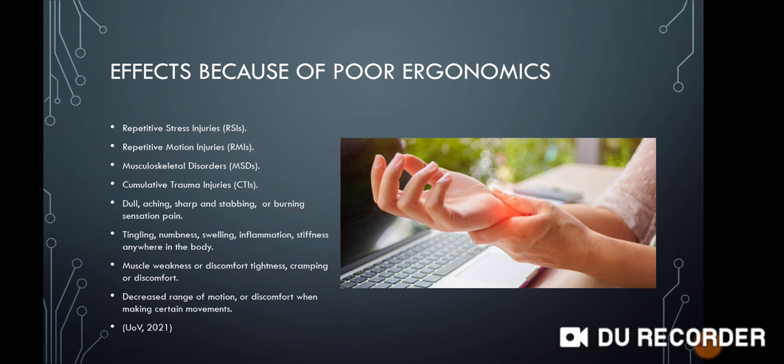With these injuries, there's going to be a lot of dull, aching, sharp, stabbing, or burning sensation pain, wherever the body part is being used the most. Tingling, numbness, swelling, inflammation, stiffness anywhere in the body, muscle weakness and discomfort, tightness, cramping, and decreased range of motion or discomfort when making certain movements.